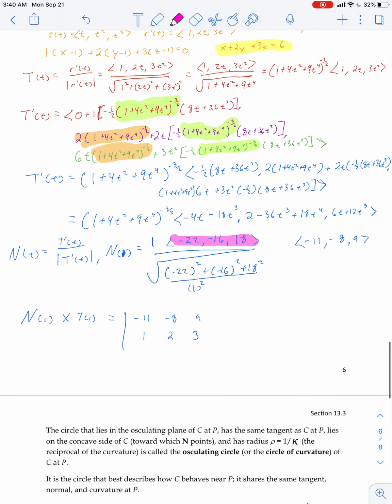This is just coming from what I used previously from right there, because that's a tangent vector.